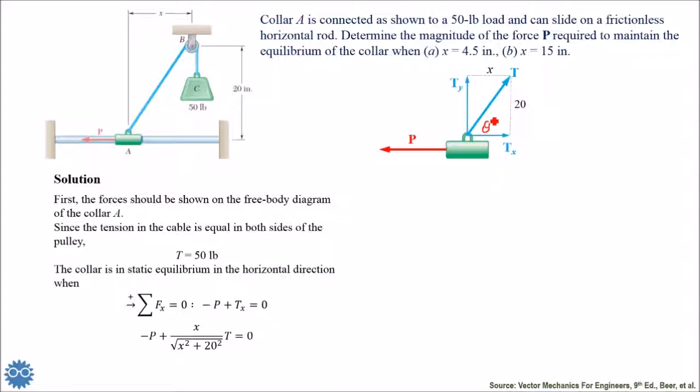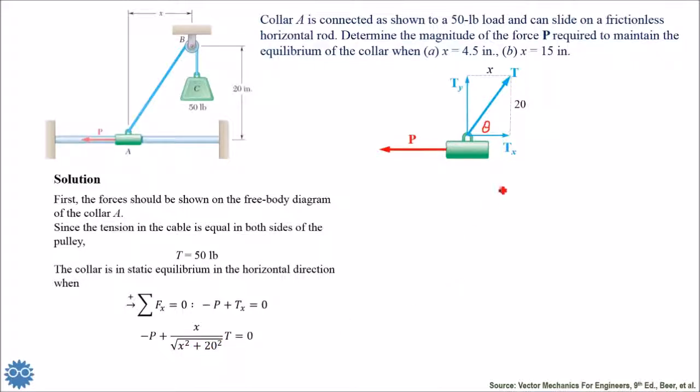Now, if we want to take the horizontal component of T, which is Tx, we'll use the cosine, which is equal to x over the length of the vector T. Because this is a triangle, it will be x over the hypotenuse, which, according to the law of Pythagoras, is the square root of x squared plus 20 squared. So this is the formula.